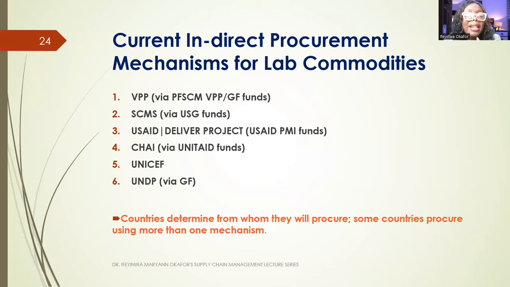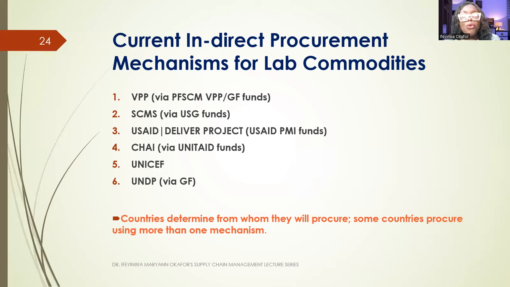We have USAID Deliver Project through USAID President's Malaria Initiative funds. We have Clinton Health Access Initiative (CHAI) via UNITAID funds. We have UNICEF, United Nations Children's Fund, and United Nations Development Program via Global Fund. All these agencies that I have mentioned are involved in indirect procurement of laboratory commodities.